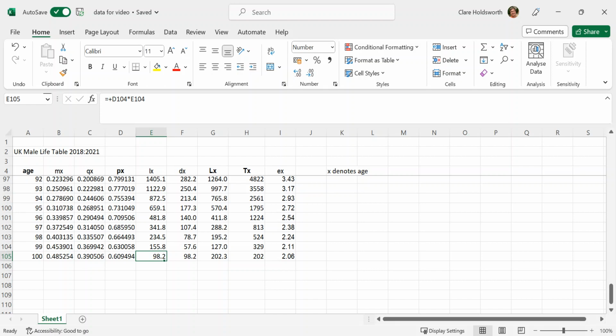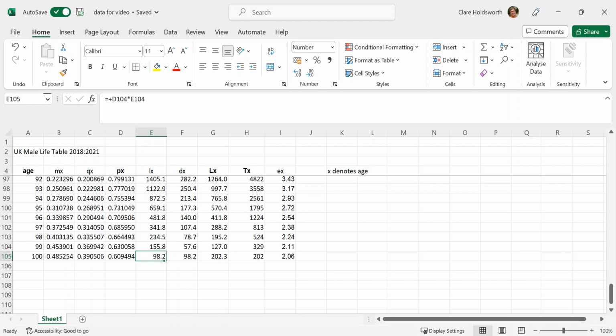Quite simply, there's no immortality in a life table. Everyone has to die. So in the unabridged life table, for the last age group, the DX is always going to equal the LX. Now, in reality, of course, some people will live beyond 101.